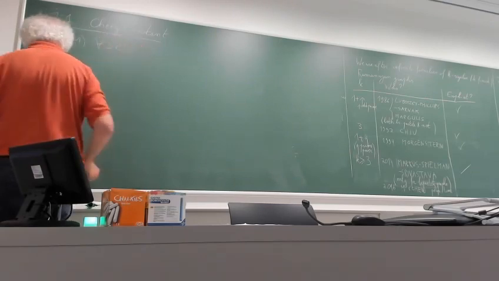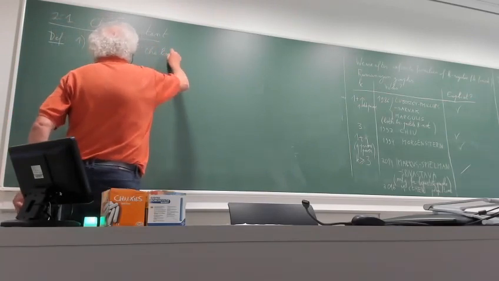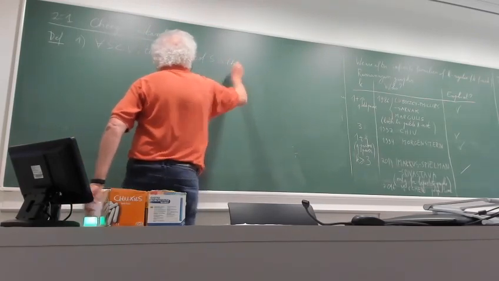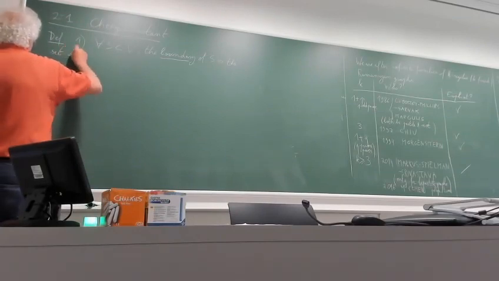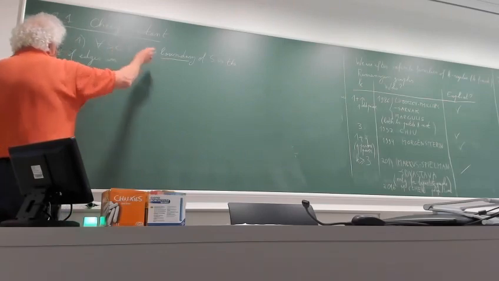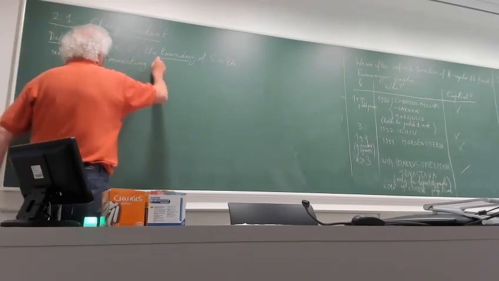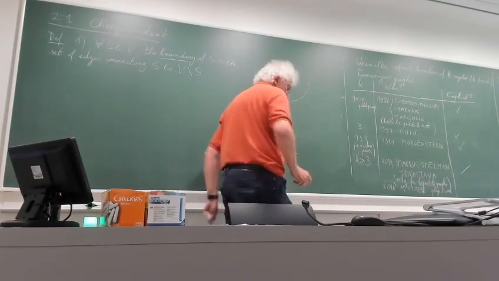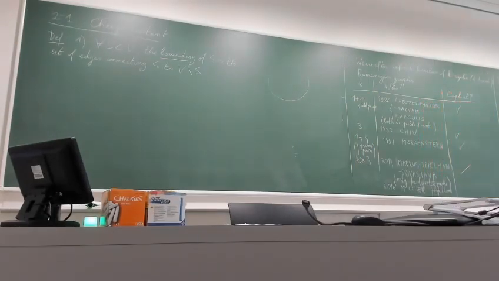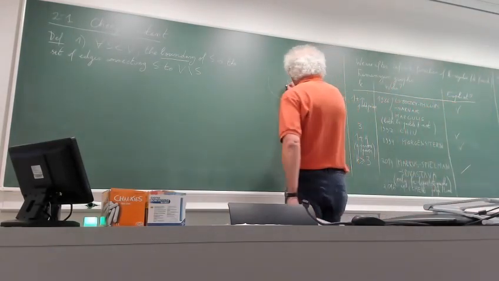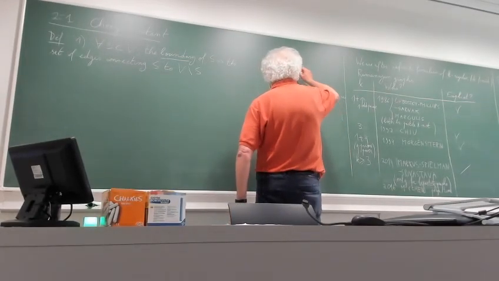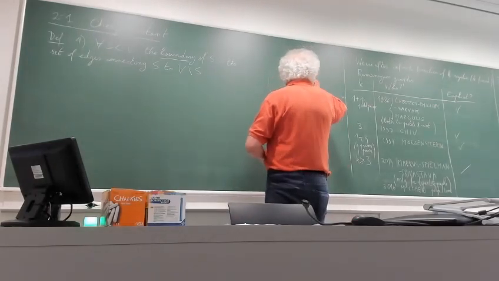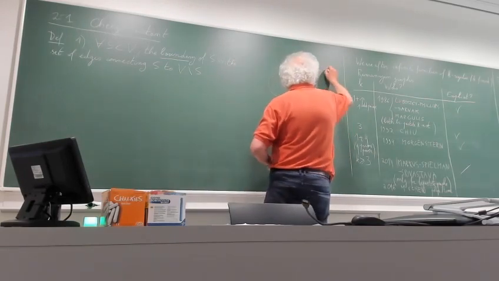If you have a subset S of the vertex set, the boundary of S is the set of edges that connect S to V minus S. So that we are looking at edges with one foot in S and the other foot in V minus S. And so the mental image I have is the following, that if this is your subset S of the vertex set, you look at edges that cross, that go like this. That would be the boundary of S.